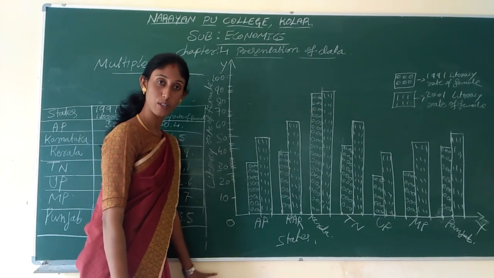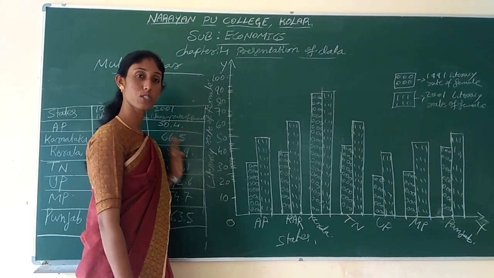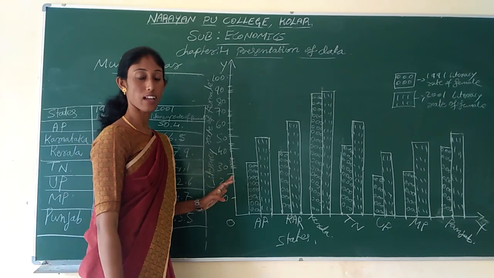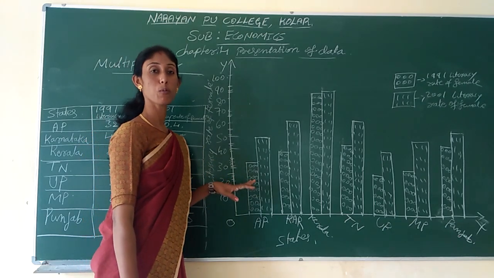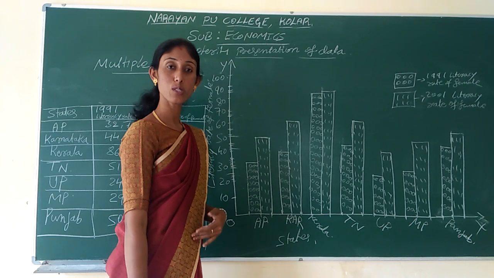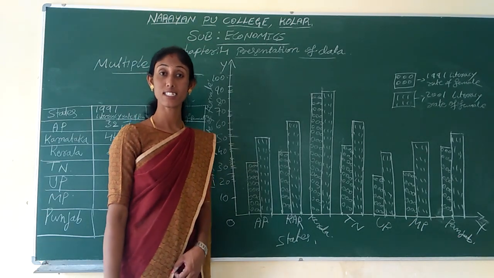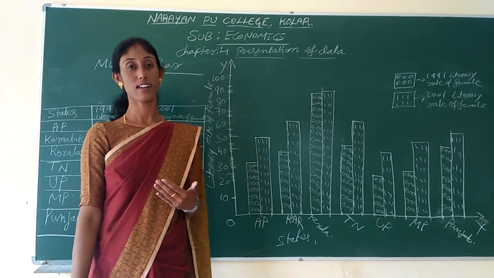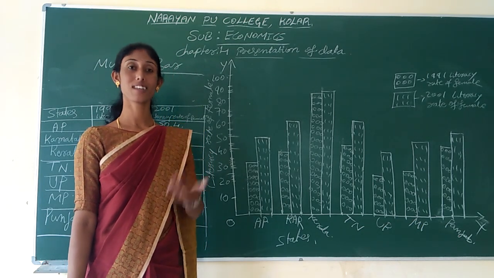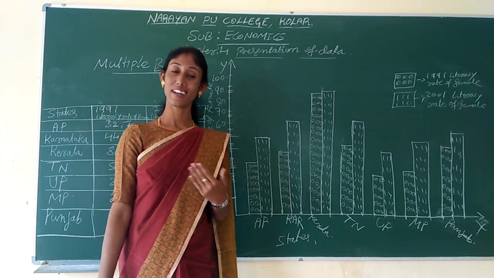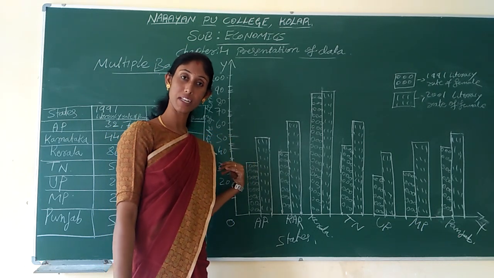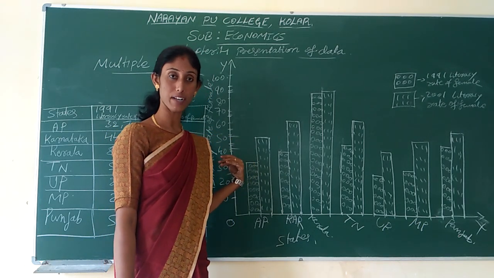I hope all of you understood the multiple bar diagram with these two example questions. Next we are going to step into one more type of bar diagram, sorry, the component bar diagram. Already we have completed the discussion of the multiple bar diagram.